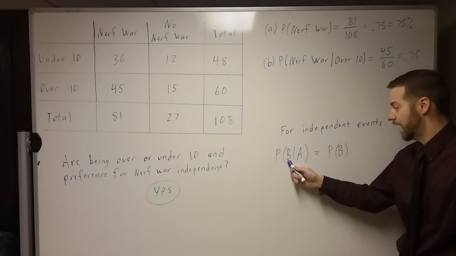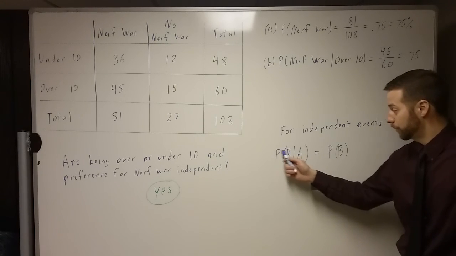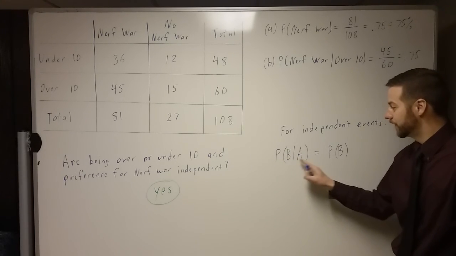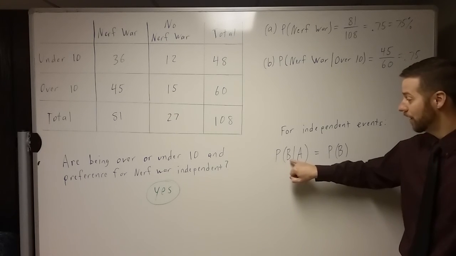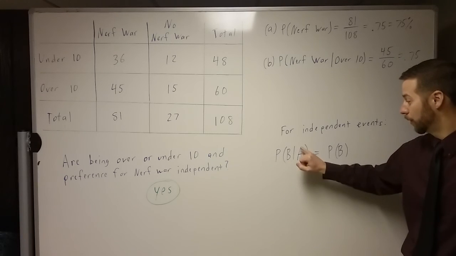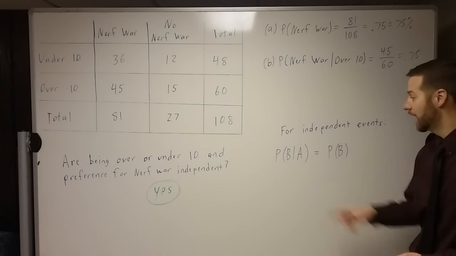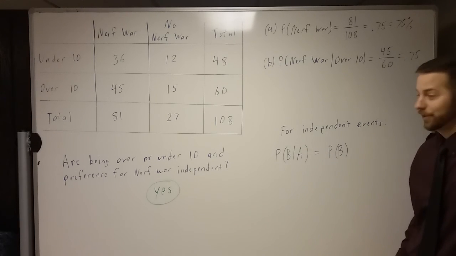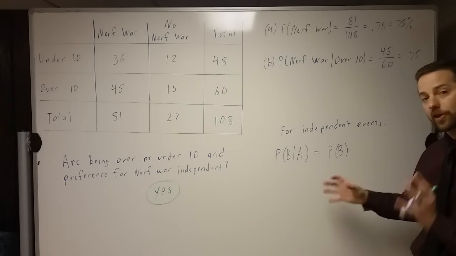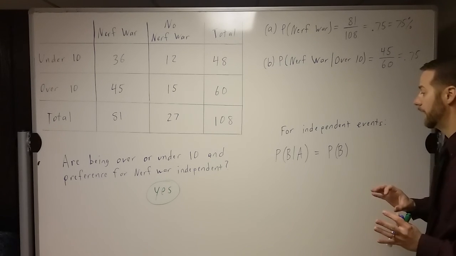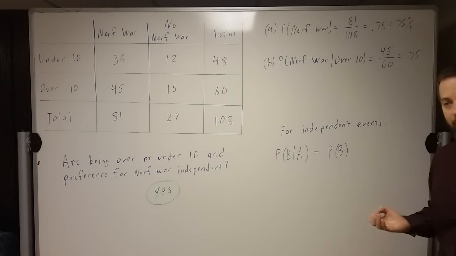The probability of this happening, if you know this happened, is really still just the probability of that happening. Because being independent means this has no effect on the probability of B happening. So this happening is completely irrelevant, really is what you're saying. A happening, we don't care if it happened or not, it has no effect on the probability of B. They don't affect each other's outcomes. That's what it means to be independent. And so A happening has no effect on the probability of B.